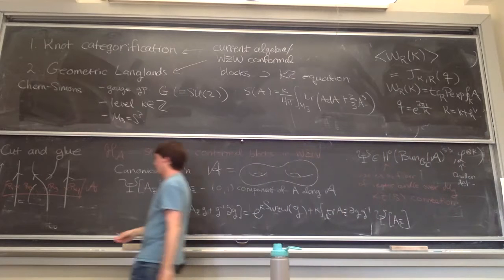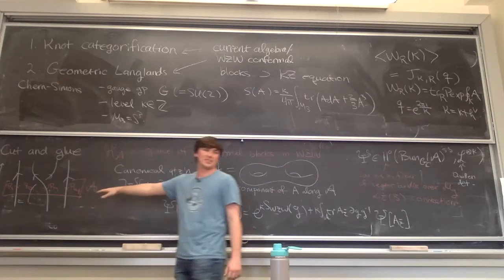So as the picture suggests, for knots, you actually care about genus 0 with punctures.